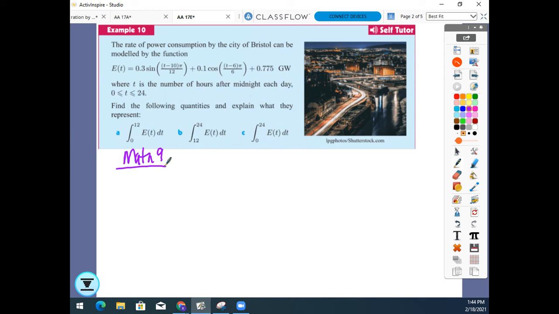Now, be careful, because what happens is you're going to do your Math 9, your integral from 0 to 12, and then when you start plugging this in, we're going to go 0.3. As soon as you type sine in, a parenthesis pops up.